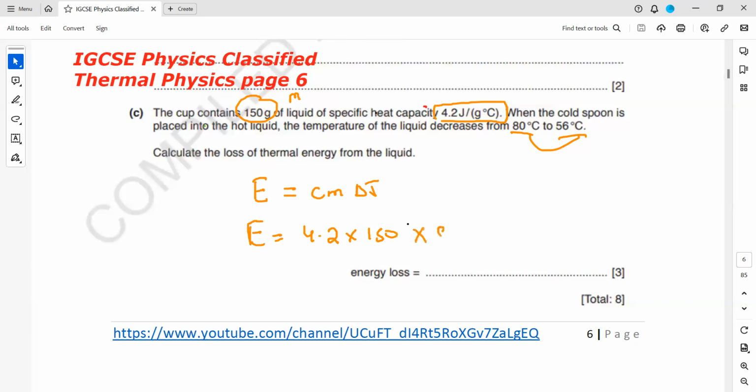And the temperature change is greater minus smaller, so it will be 80 minus 56. When you multiply them, what's the answer? 4.2 times 150 times the temperature change, 80 minus 56. What's the final answer in joules?